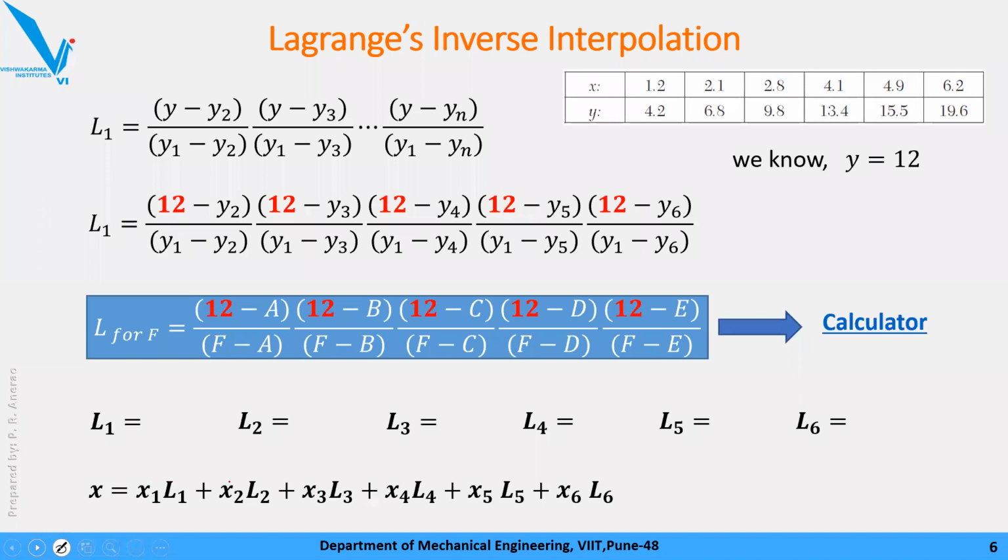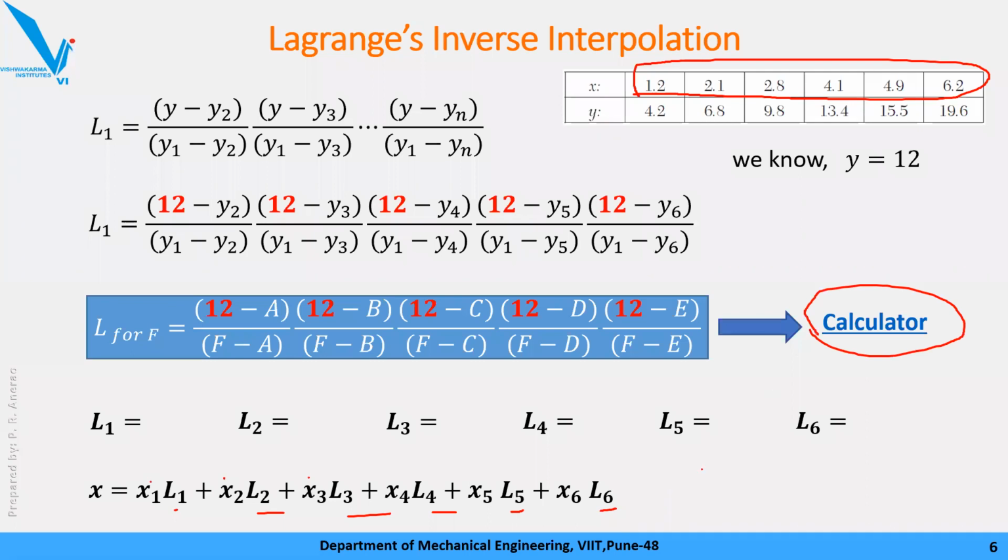Here x1, x2, x3 up to x6 you will get from the data, and L1, L2, L3, L4, L5, L6 you will get from the calculator. After you have calculated all the terms, put all the values in this equation of x and get the unknown x.